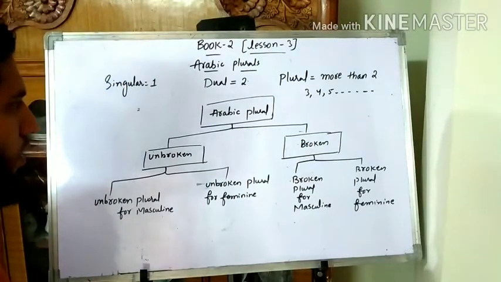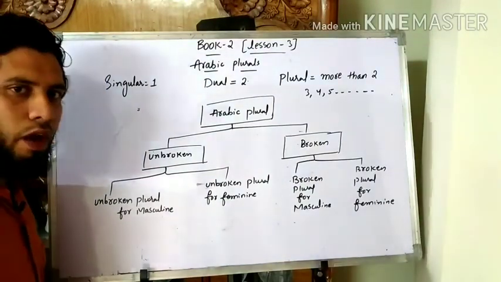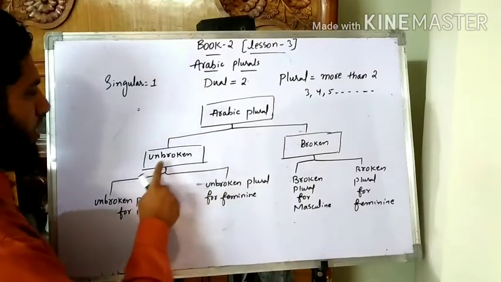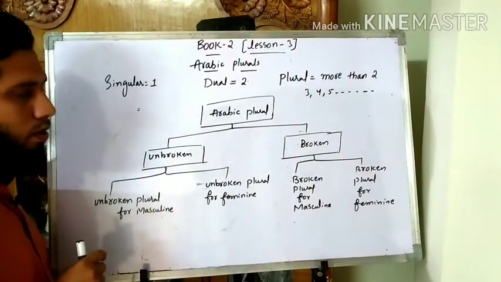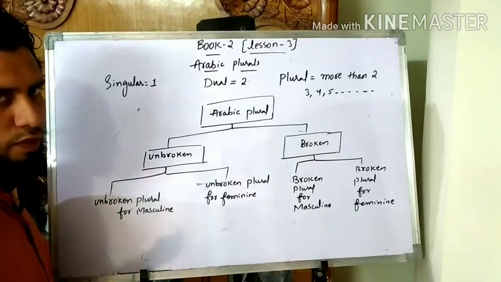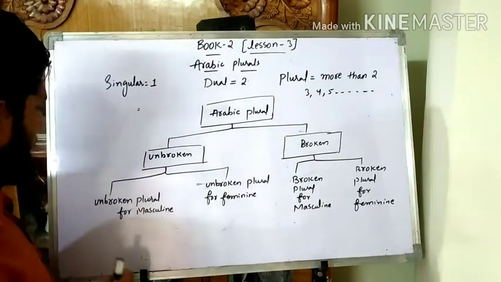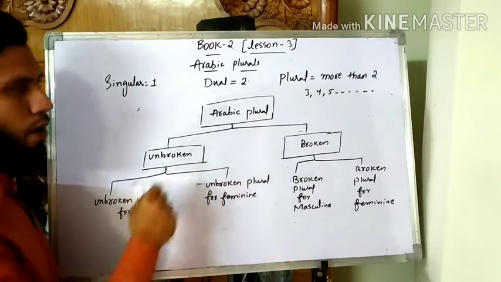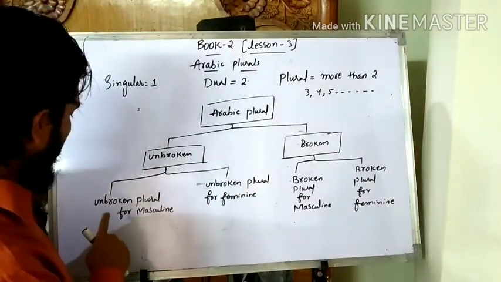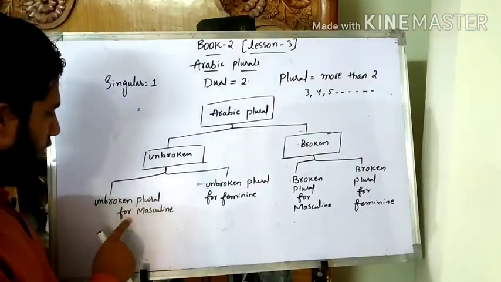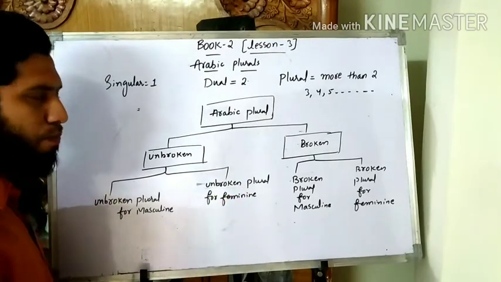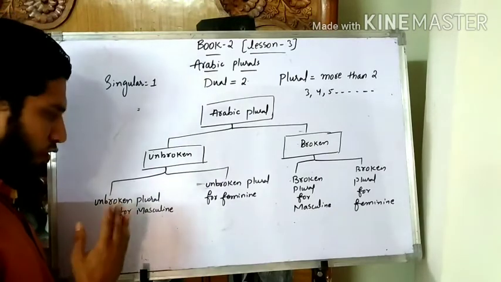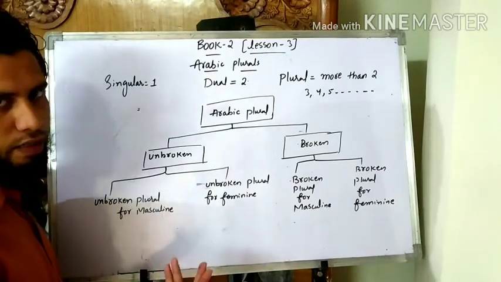Generally, there are two types of Arabic plural: unbroken and broken. Why is it said to be unbroken? There is a reason behind it, and we will learn it. Unbroken plural has one form for masculine and another for feminine, so masculine is different and feminine is different.